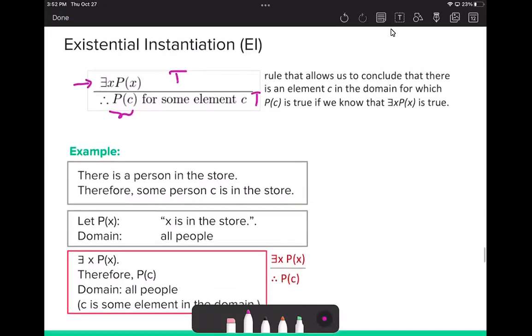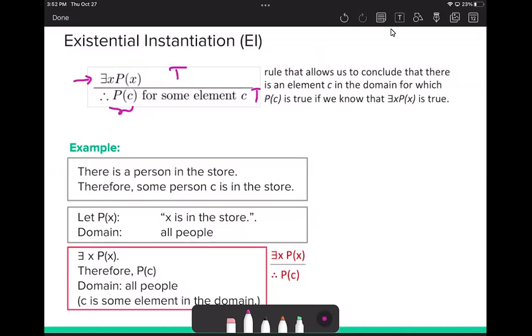Okay, so suppose we have this example. There is a person in the store, and therefore some person C is in the store. So we can express it in predicate logic form. We have that P of x be x is in the store wherein the domain of x is all people.